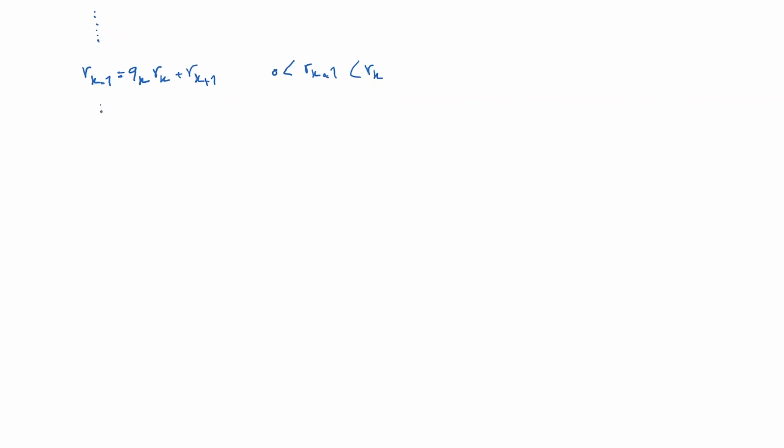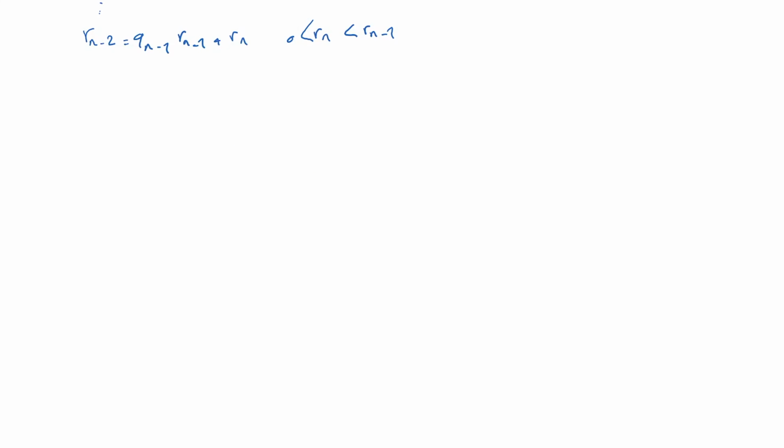This can continue if you are very unfortunate, to R(n-2) equals Q(n-1) times R(n-1) plus Rn, for some Rn less than R(n-1).